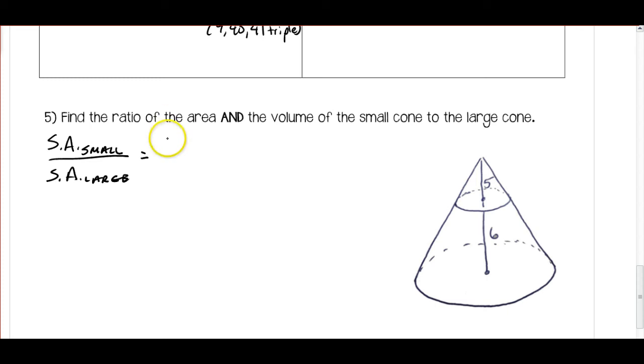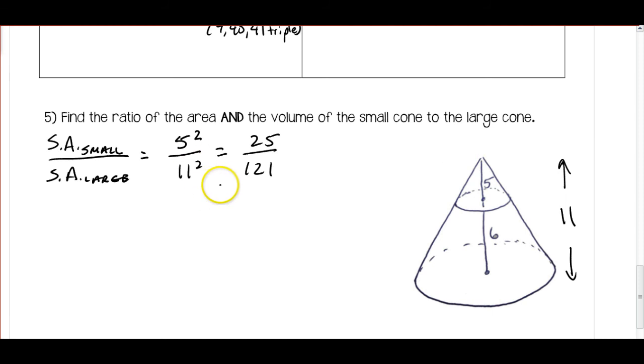So surface area is going to be the parts squared, so it's going to be 5 squared, and the height of the whole cone is 11, so that's to 11 squared, and that's 25 to 121. We really don't have enough information to find the actual surface areas and volumes, but since we have these corresponding pieces, the heights, we can do it that way.